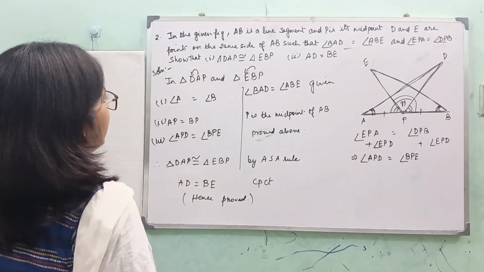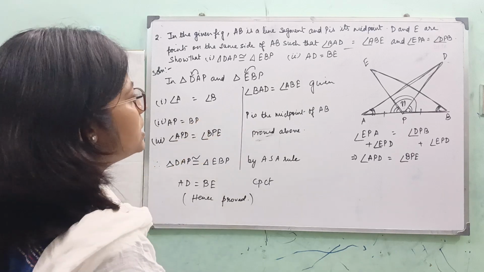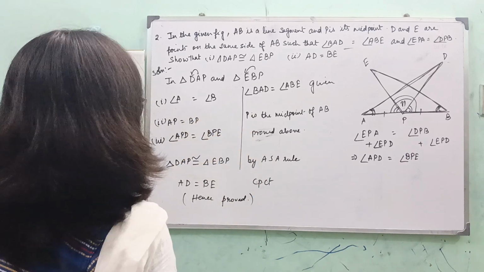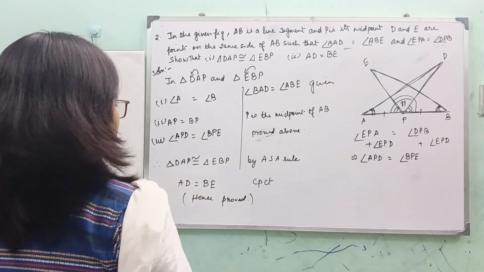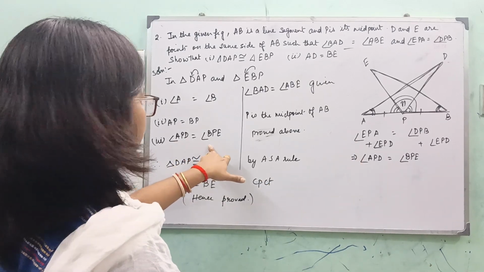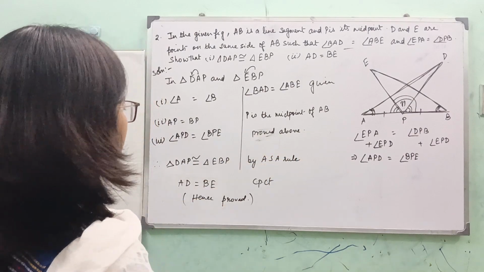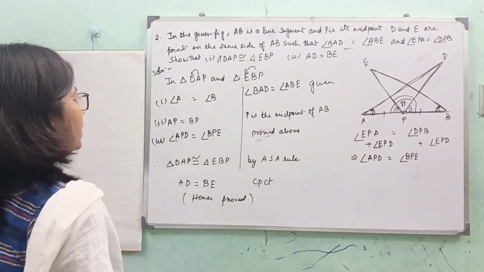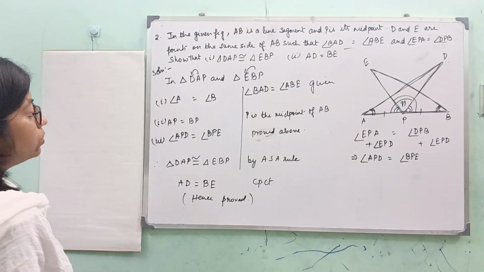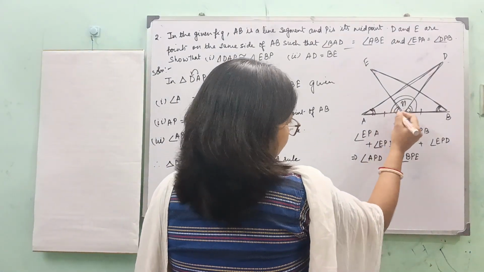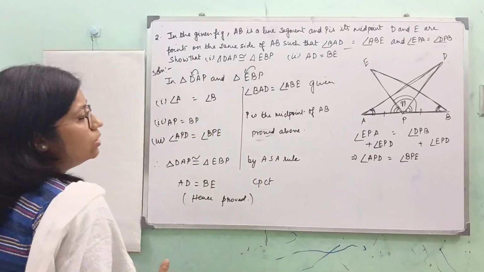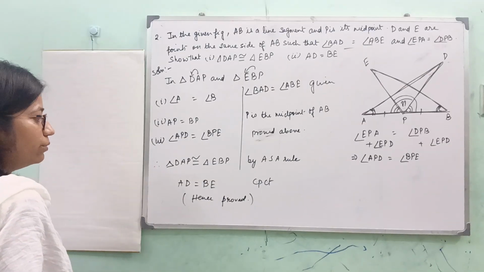What is the reason? P is the midpoint of AB. Next is APD equal to BPE, which we have proved above. Therefore, we can say triangle DAP is congruent to triangle EBP by what rule? By two angles and the included side, so the angle side angle rule.